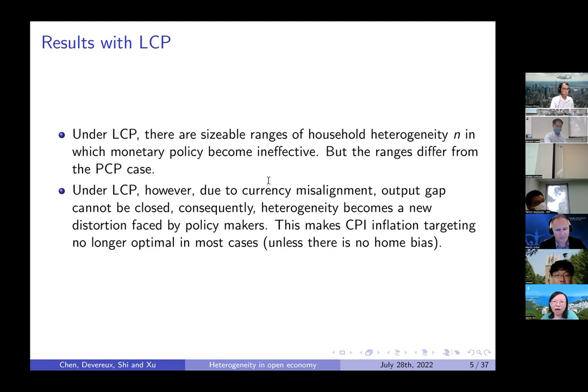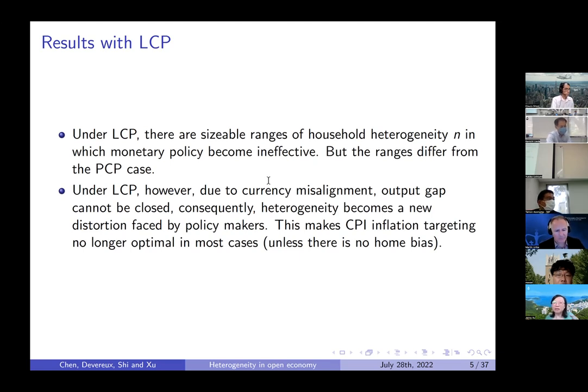How about the optimum monetary policy? We know that with local currency pricing, there will be currency misalignment, that is deviation from the law of one price due to the local currency pricing. So we find that in this case, the monetary authority cannot close the output gap. Consequently, heterogeneity is going to become a new distortion faced by the policymakers.